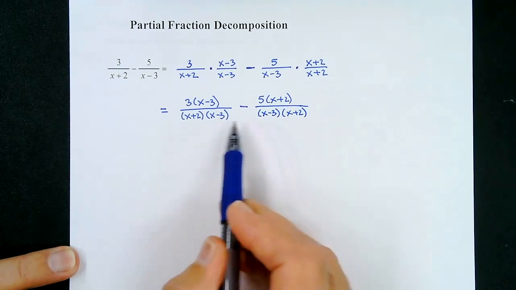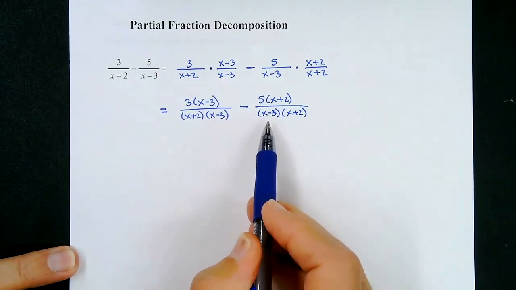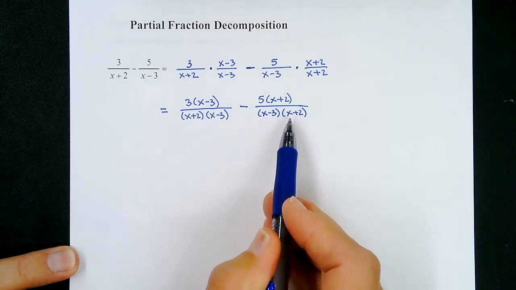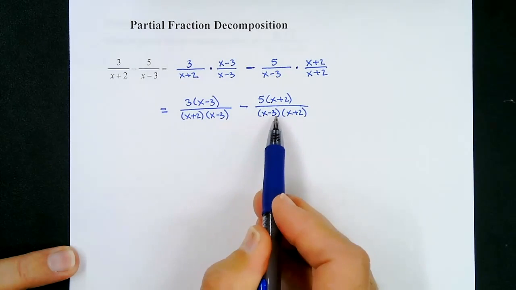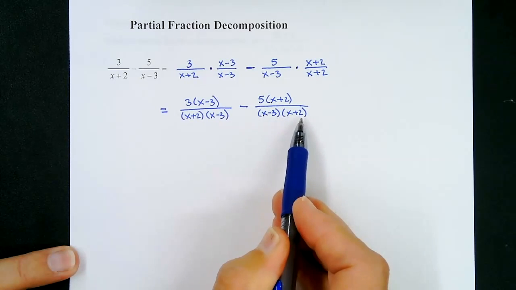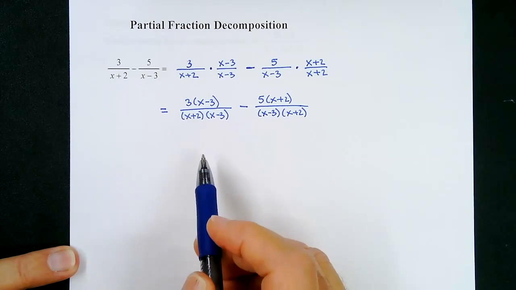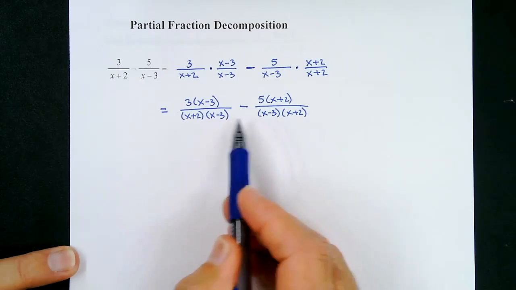I know the order is different, but these denominators are actually the same, right? Because multiplication, the order doesn't matter, I could rearrange this and write the first one as x plus 2 and the second as x minus 3, and then it would match. So we're ready. These are our common denominators.